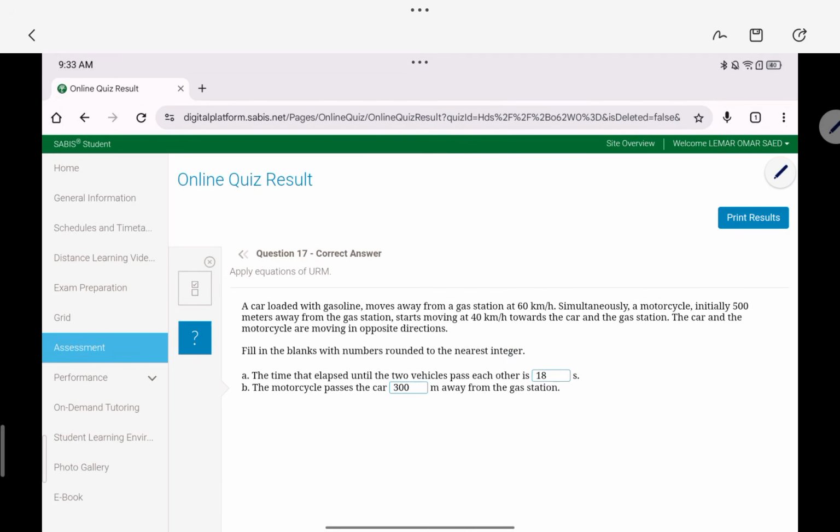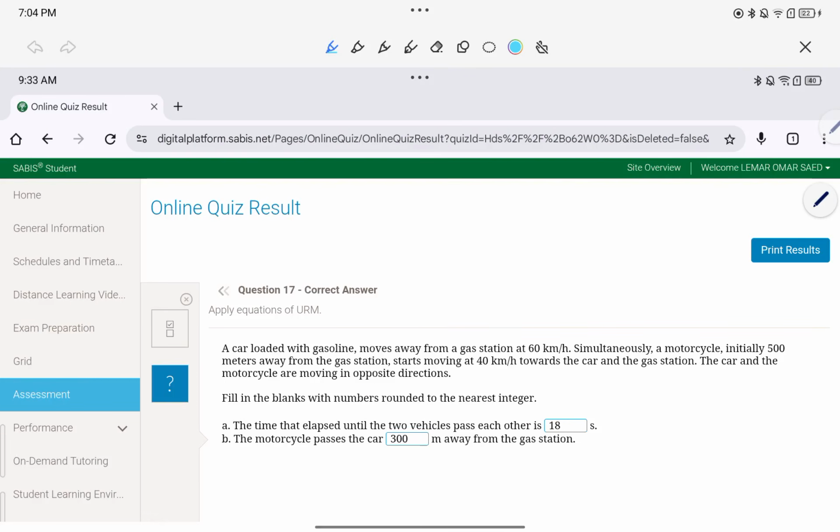The last question. First thing, here it's 60 kilometers per hour, but we always need it in meters per second. It's 5/3 meters per second. And 40 kilometers per hour to meters per second is 100/9 meters per second.